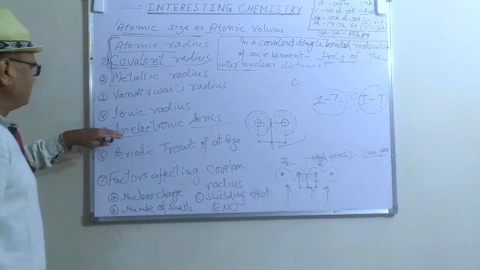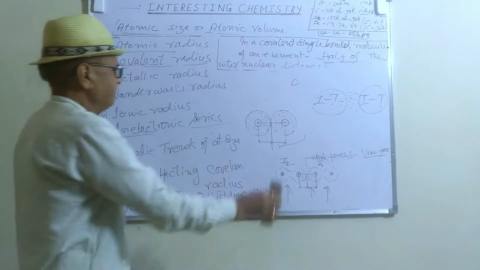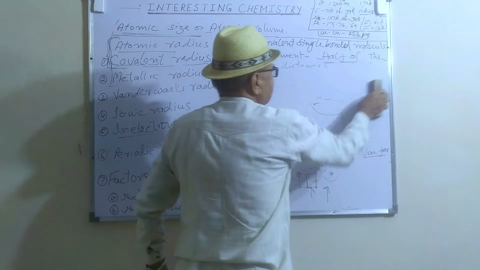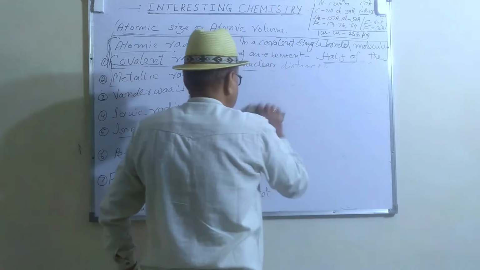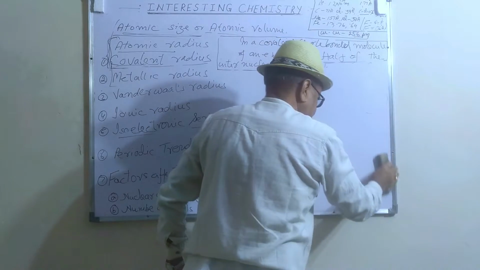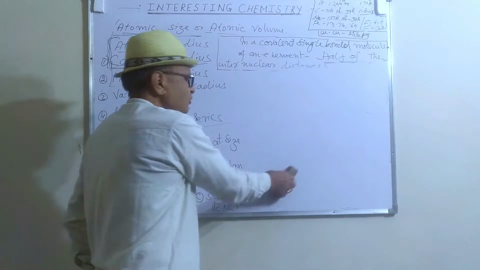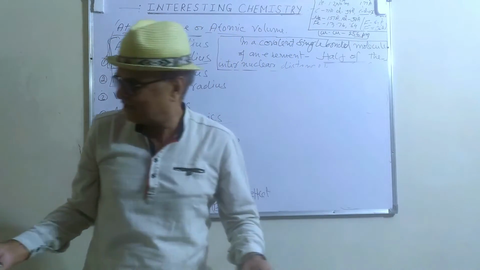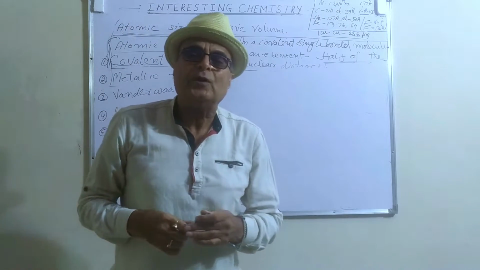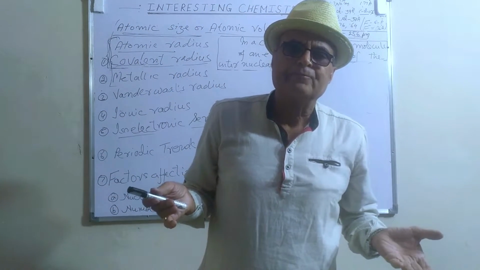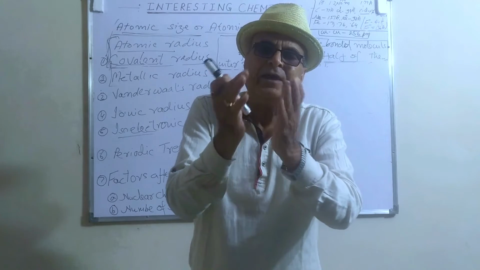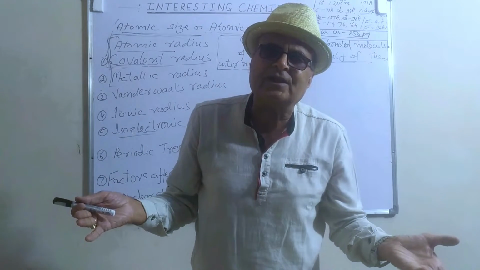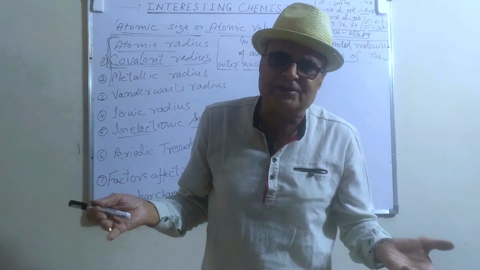Now I am coming to the ionic radius. When you measure, when you find the value of the radius of an ion, that is called the ionic radius.